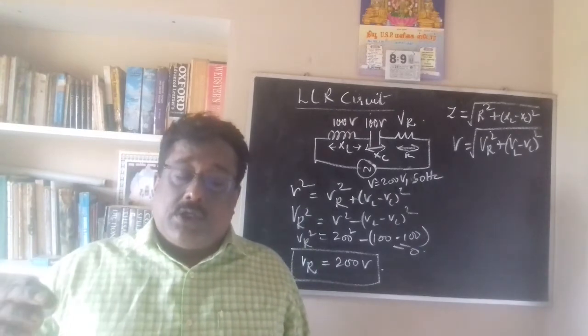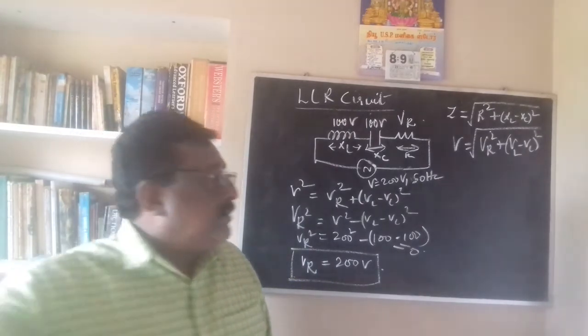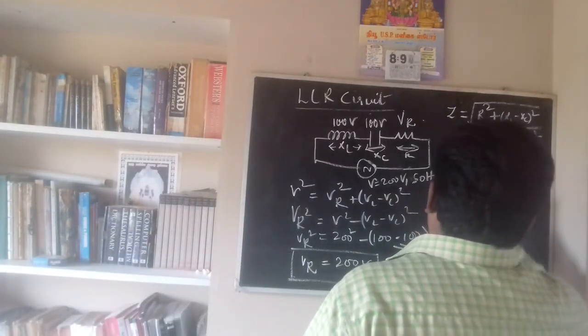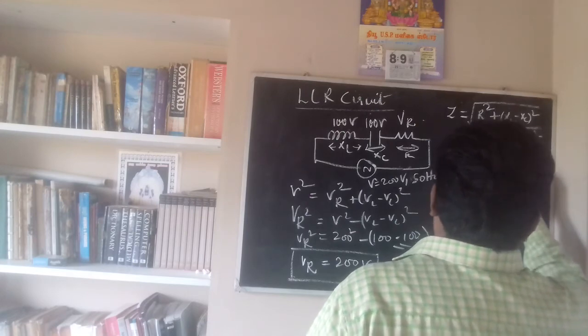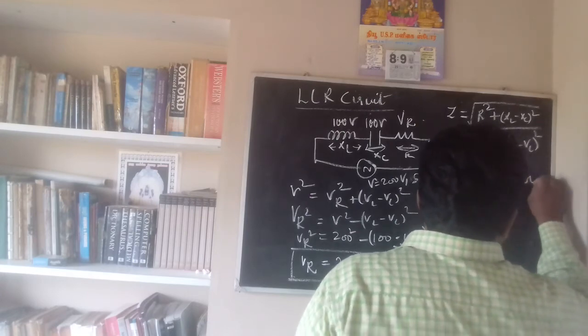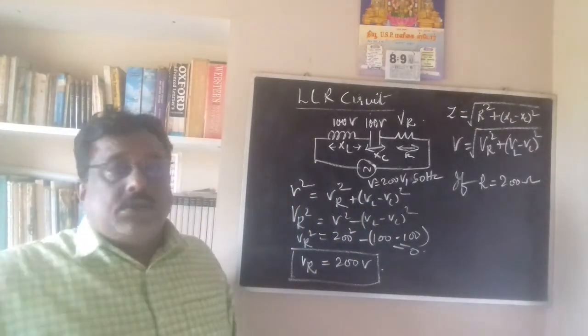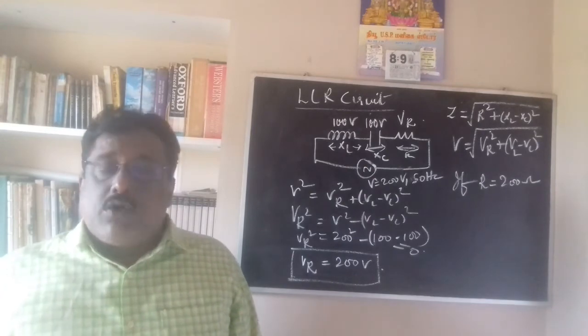Sometimes they will ask you to calculate the current flowing through the resistor. Say for example, the resistance R is given as 200 ohms. Then how to calculate the current?